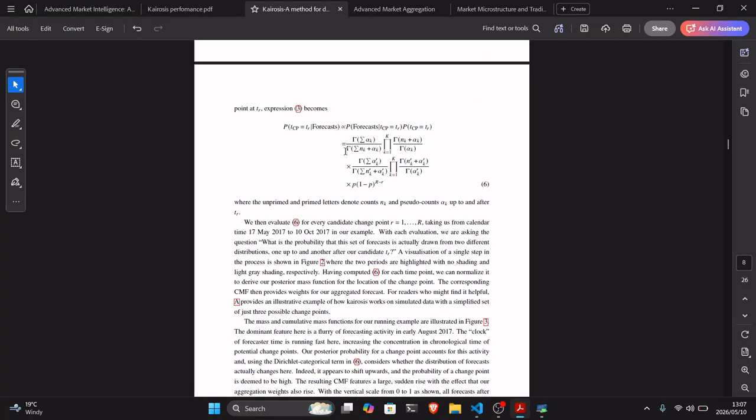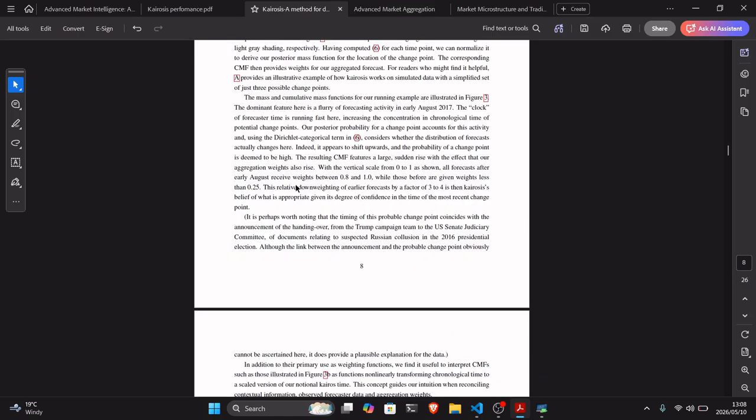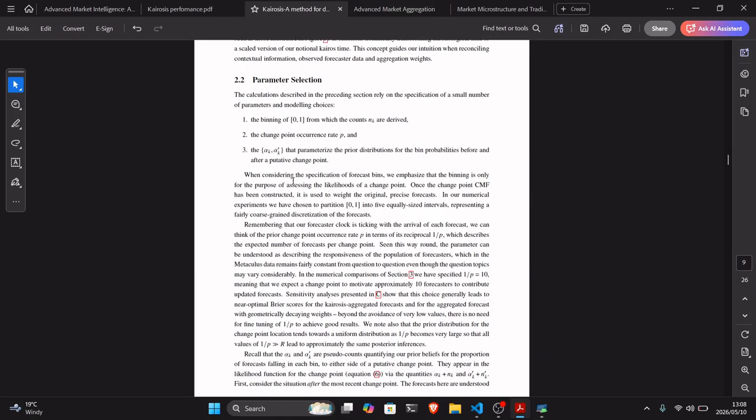And this is essentially what we get at the end of all that: the probability of T_cp at T_R given the forecast is proportional to the probability of the forecast given T_cp at T_R, times the probability of T_cp at T_R, which we went into on the other resource, the one I created. And we have very important parameters.